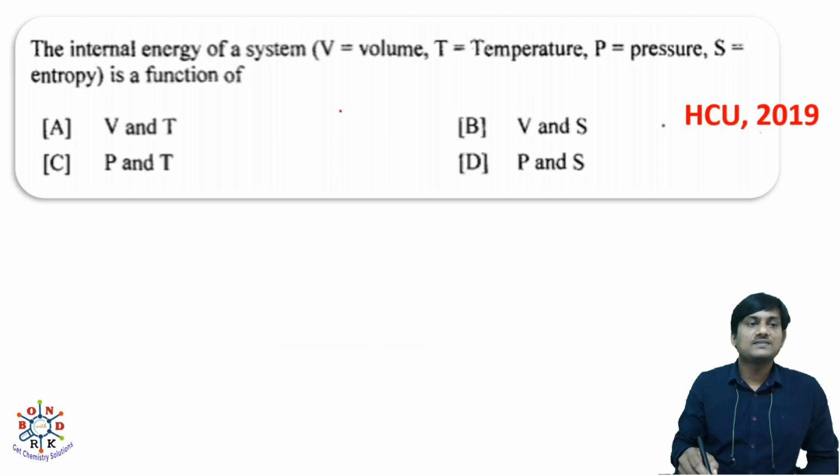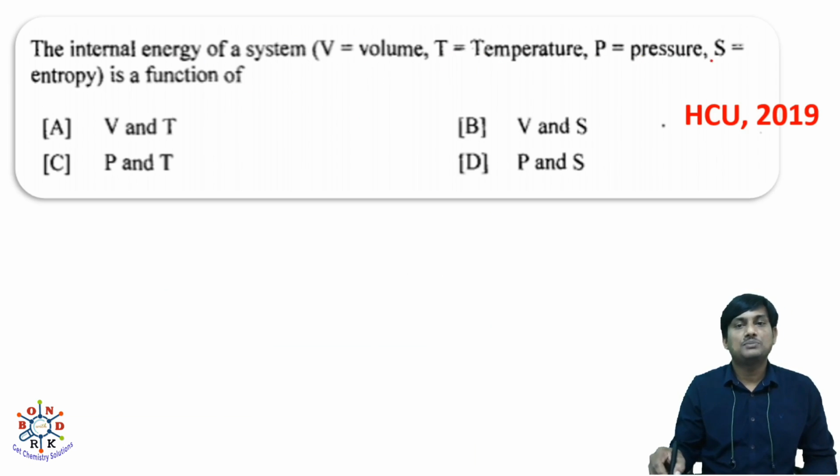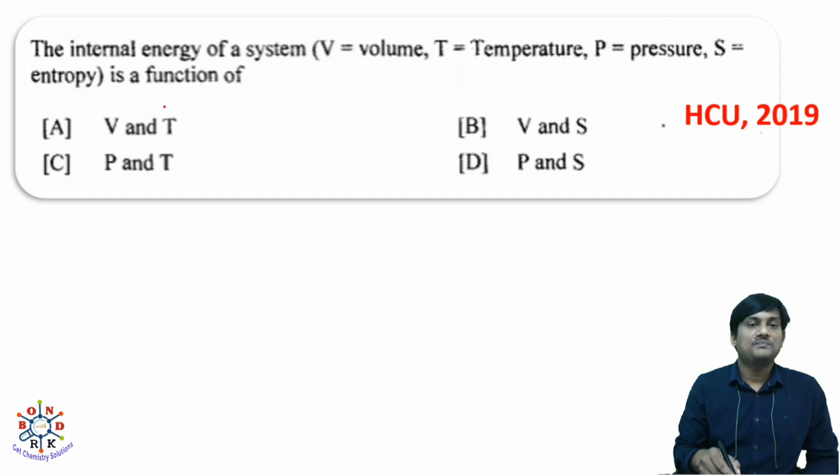Let's take the questions. The internal energy of a system is a function of, here V is volume, T is temperature, P is pressure and S is entropy.